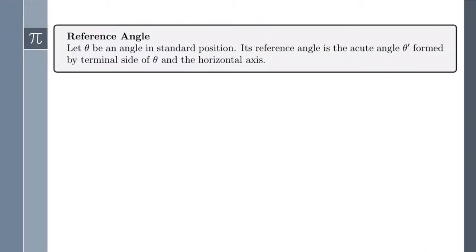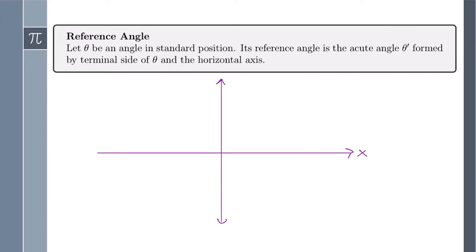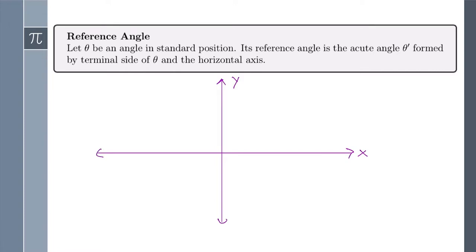Now this is a very important concept: reference angle. Reference angle means, for example, if we have an angle in standard position, then its reference angle is the angle made by the terminal side and the horizontal axis. So for example, let's draw the coordinate plane here. Usually the horizontal axis is the x-axis, and the vertical axis is the y-axis.